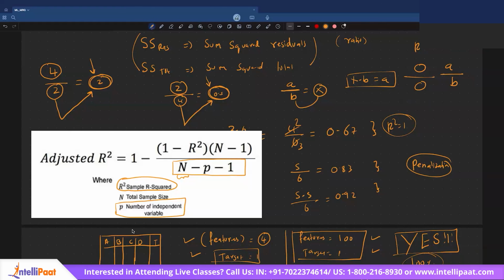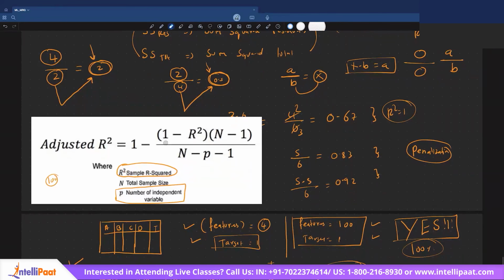This is nothing but the number of features. If your data is working with 100 features, am I not dividing and subtracting it with n? So I am penalizing the model, saying that if you take more features, your division also will be larger. You got what I'm trying to say?